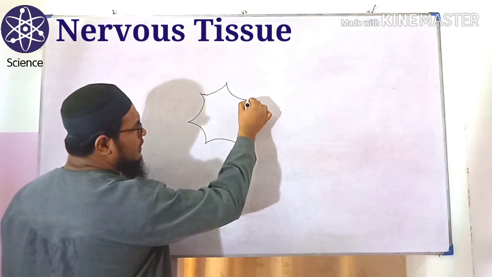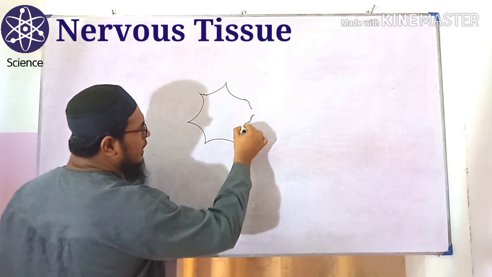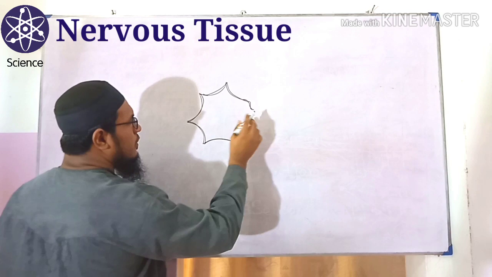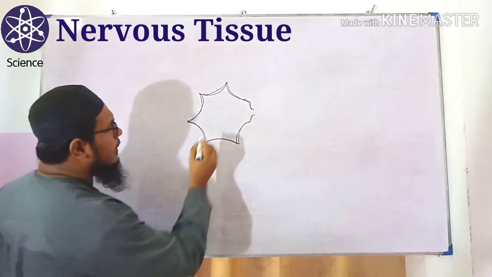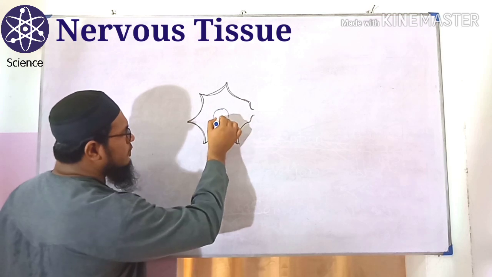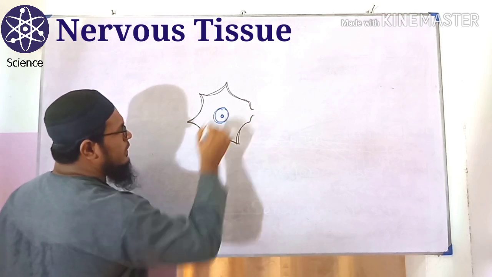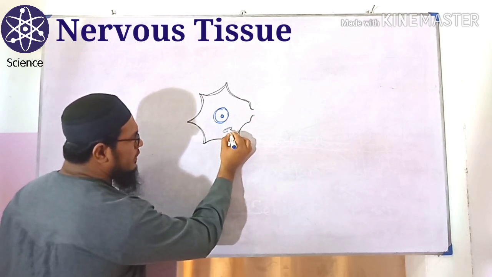This is the structure of a neuron, and this is the cell body. The cell body contains a nucleus. We know nucleolus, all those things. There is a nucleus, and mitochondria are present in it.